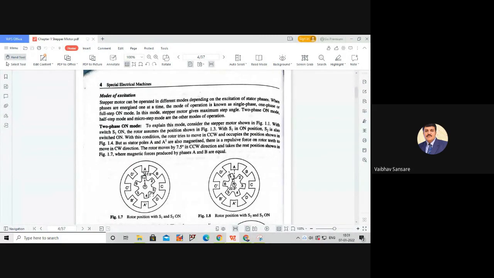Due to the same current flowing through both coils, the equilibrium condition is attained when the rotor moves in the forward direction, or counterclockwise direction, by 7.5 degrees. So with this condition, the rotor attains a position 7.5 degrees from its initial rest position by moving in the counterclockwise direction. Have you understood this?